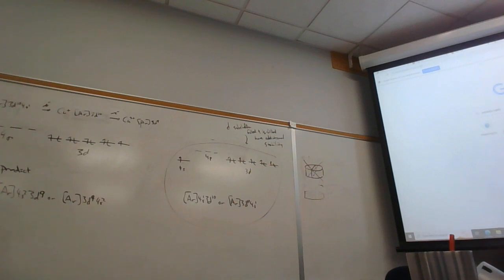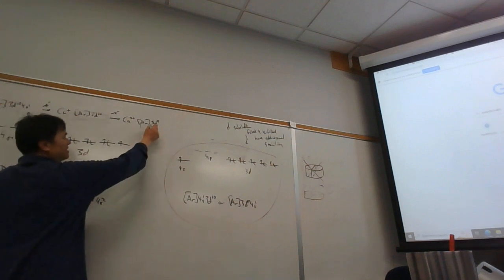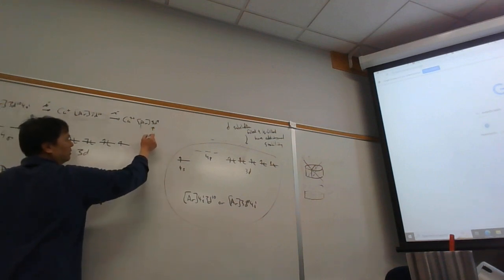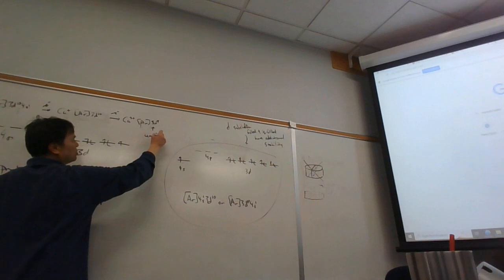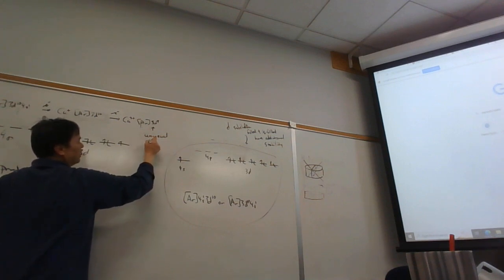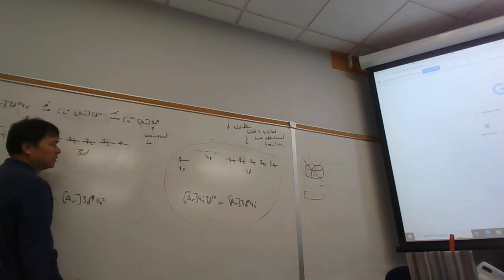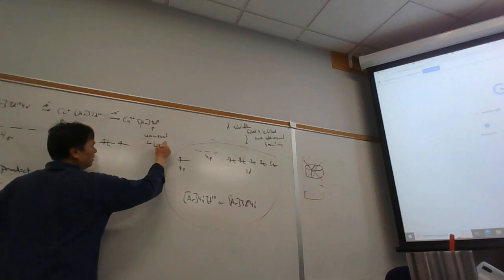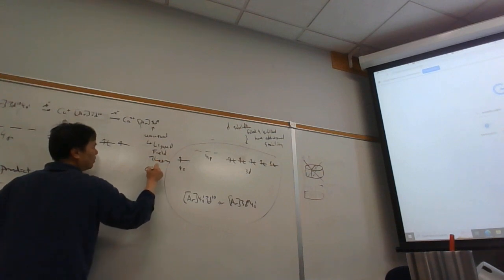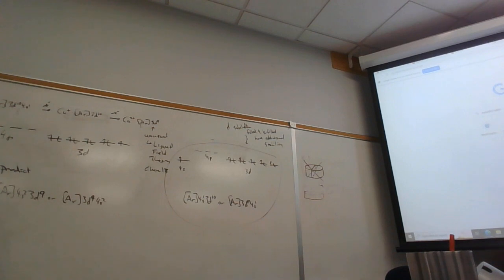Can it demote some electron? No, the reason it does this is weird. It seems to be unusual. And the reason it's unusual has to do with something called ligand field theory in Chem 1B, which will tell you why the D9 is preferred.